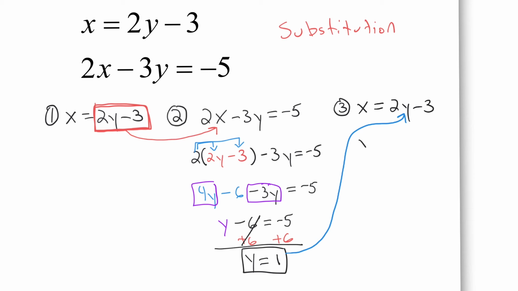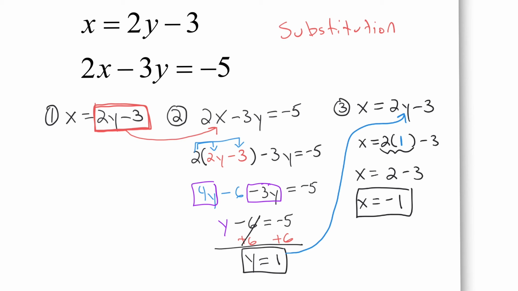So you guys bring down the x equals 2 times the 1, which is the y, minus 3, and you guys solve for x. So you simplify. 2 times 1 is 2, minus 3, and that's going to equal negative 1. So we got the x, and we have the y value.